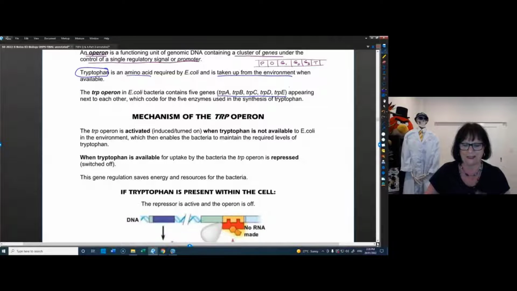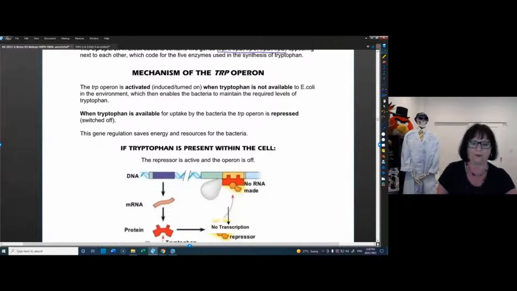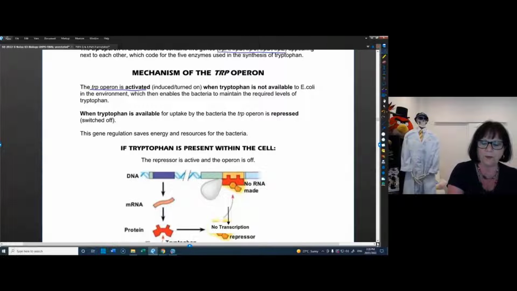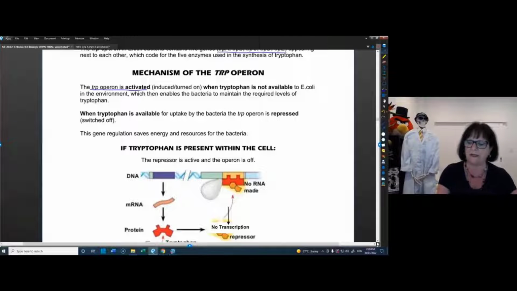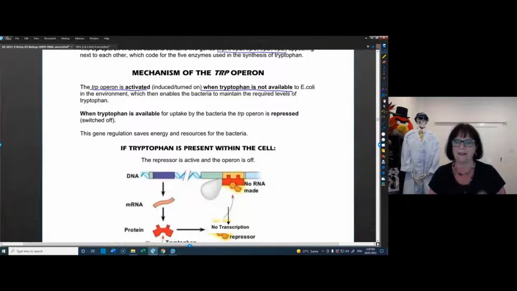So the mechanism of this operon: the operon, which is the series of genes, is activated when tryptophan is not available. And this is how the bacteria can make its own.